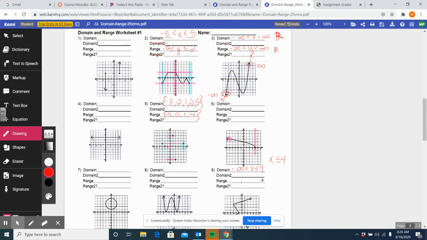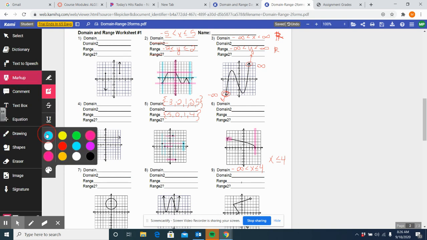Okay, now what about range? Range is bottom to top. Well, here's your bottom when you're talking about the y-axis, but your top, this is never going to stop going up. It's just going up this way.